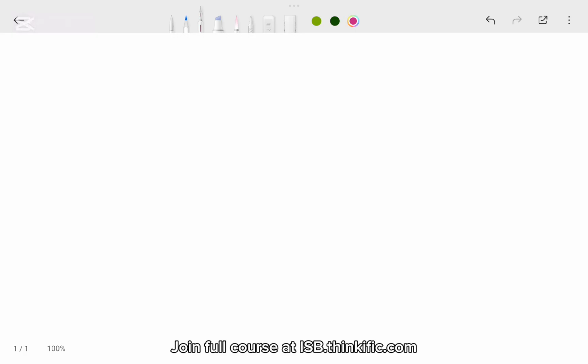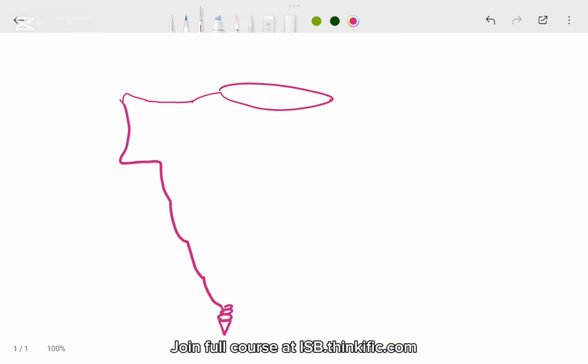If you guys remember, I told you that this is coccyx and this is our beloved sacrum. Yes, this is our beloved sacrum, and here's the coccyx again.